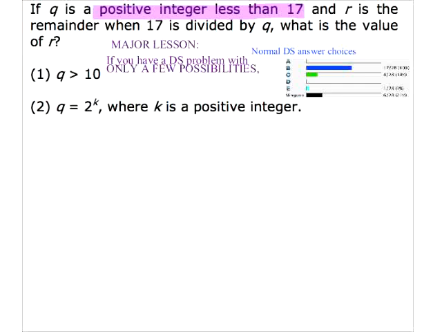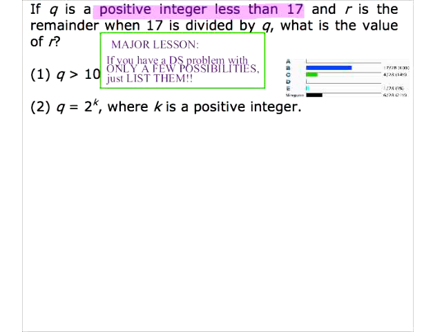Just list them. It's like the plugging method, except it's exhaustive.